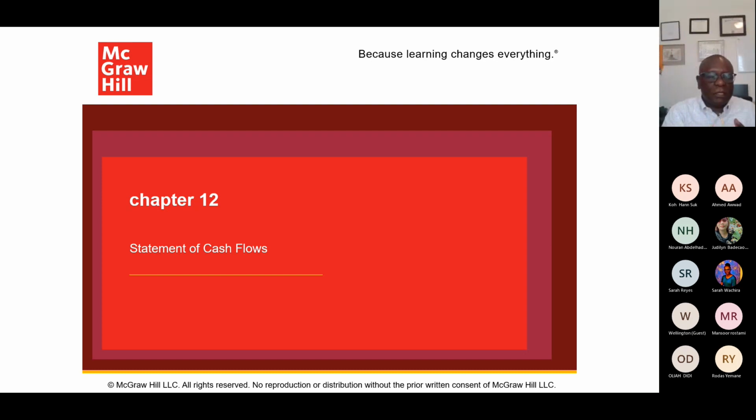That is why the indirect method starts from the net income. And from the net income, they will add items that do not involve movement of cash. What is the major typical example of an item that does not involve movement of cash that should be added back to net income?